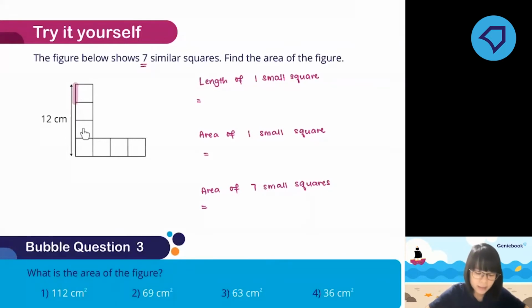And then you can multiply it by those 7 similar squares. A little bit difficult. You need to think a little bit more because this one requires you to do 3 steps. But I hope with all this, it's easier for you guys to be able to derive the final answer.